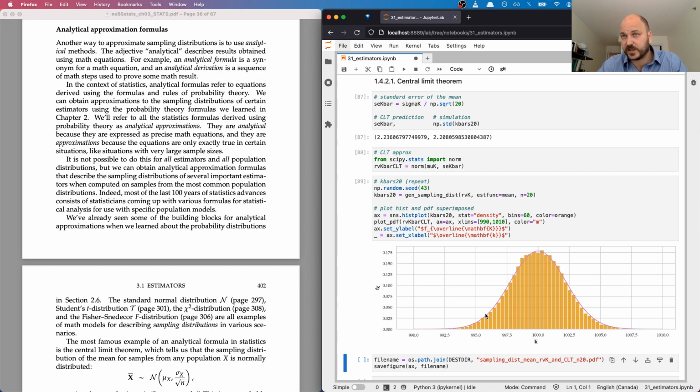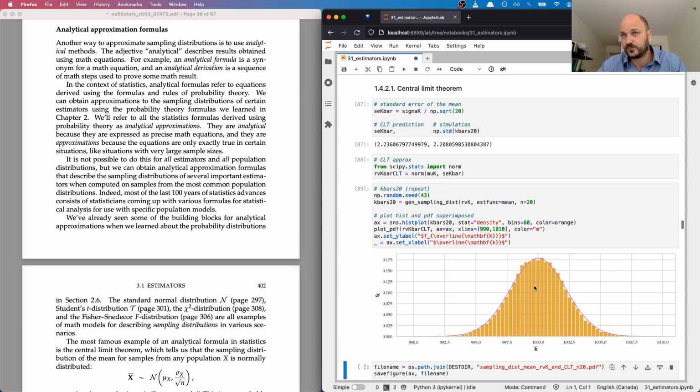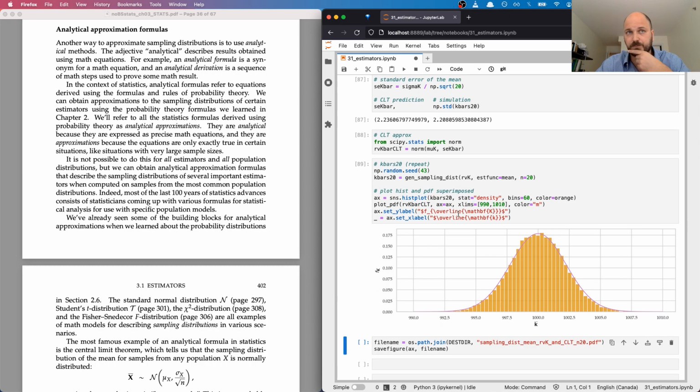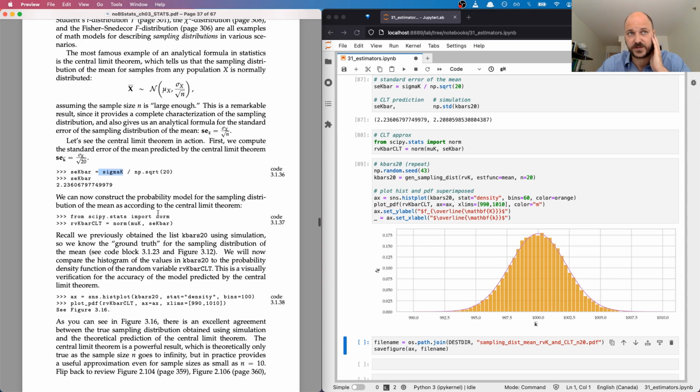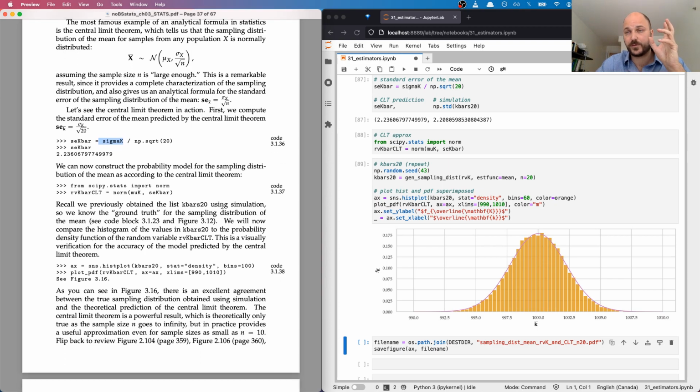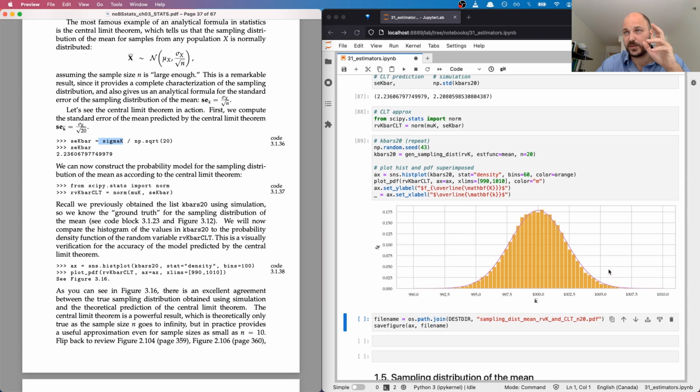And the purple line, the magenta, is the approximation we have from the central limit theorem. So you see the math formula gives you a very good approximation to this distribution. Remember, the central limit theorem tells you that you can obtain the standard error by the population standard deviation divided by the square root of the sample size. So knowing this formula, we can obtain the purple line.